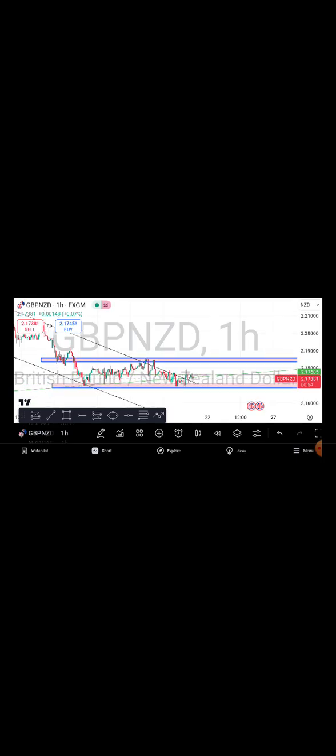And here too, we are waiting for the daily candle close of NZD to decide our movement on GBP/NZD. Then NZD/CAD, ready to sell too. Ready to sell for NZD/CAD. And that's that. Then NZD/CHF ready to buy.